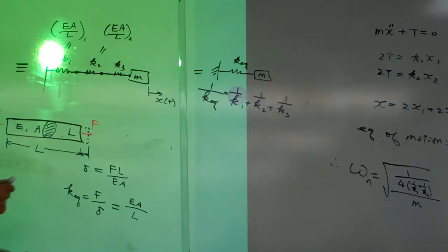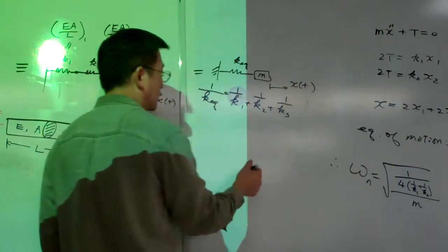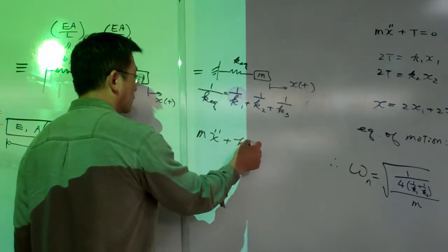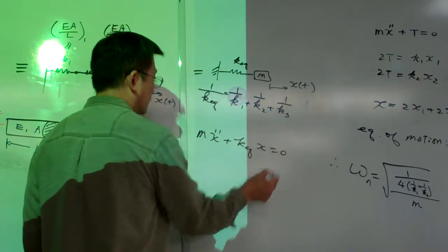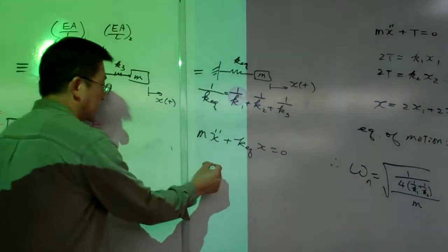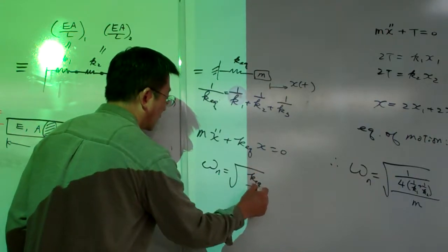Once you have this, for this case, our degree of freedom is x(t). So the equation of motion is pretty straightforward: m x double dot plus KEQ x equals 0. So the natural frequency from here you can see is omega n equals the square root of KEQ divided by m.